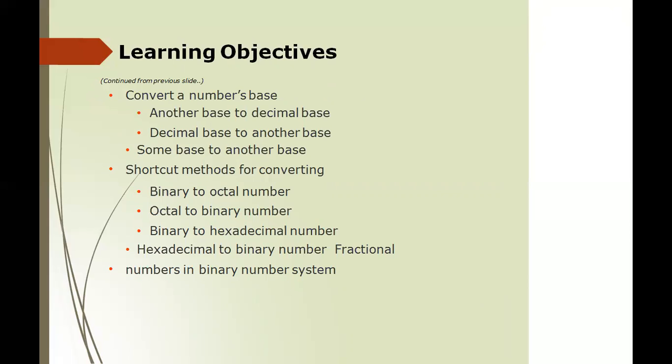We can convert a number's base from one base to another, from decimal to another base, and from some base to another base. There is also a shortcut method for converting binary to octal, octal to binary, binary to hexadecimal, and hexadecimal to binary, as well as fractions and numbers in the binary number system.